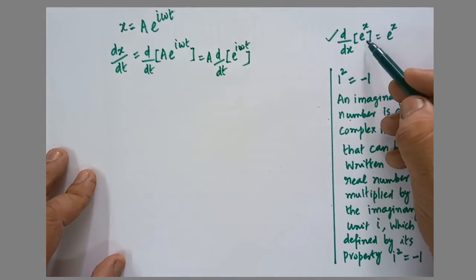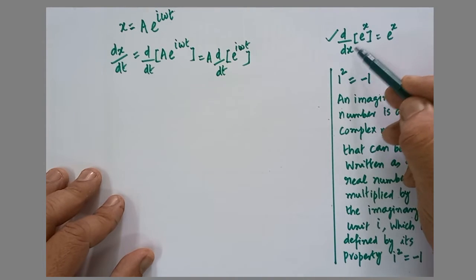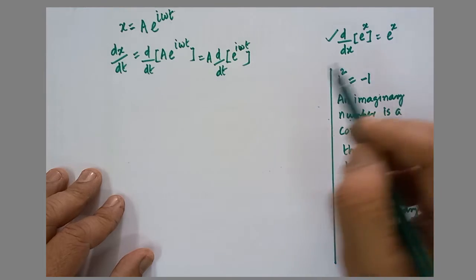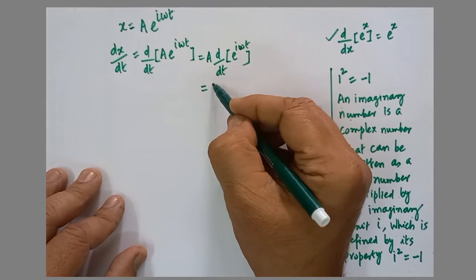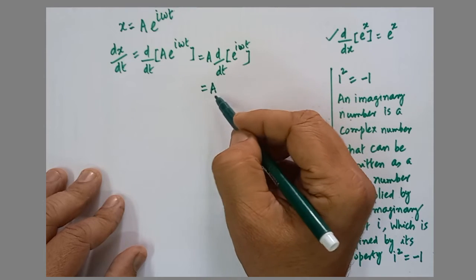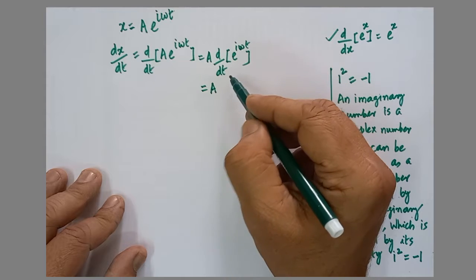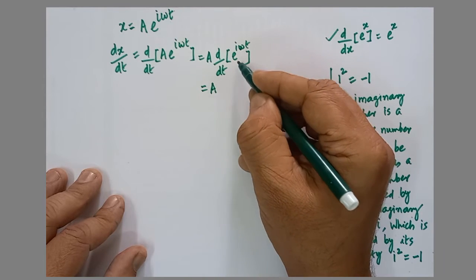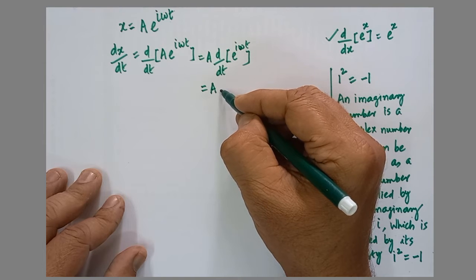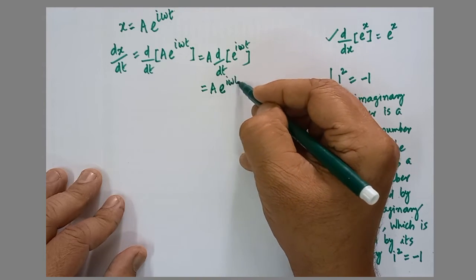Here one fundamental differentiation formula is used: d/dx of e^x is equal to e^x. The same formula must be used here. A can be written as a constant. This part must be differentiated. What will you get? The same factor, A e^(iωt), after differentiation.